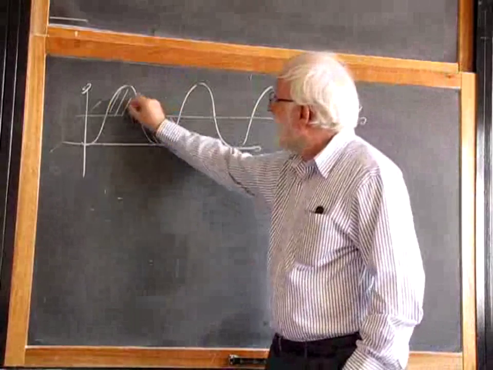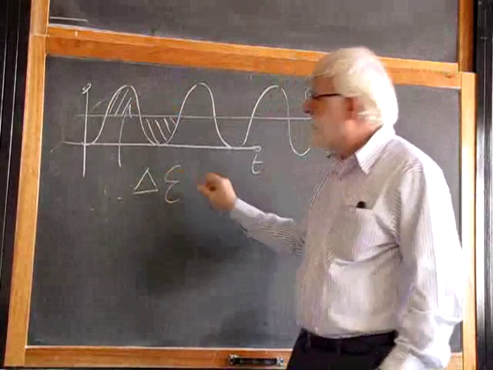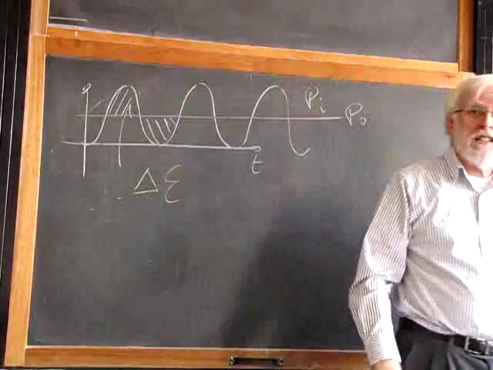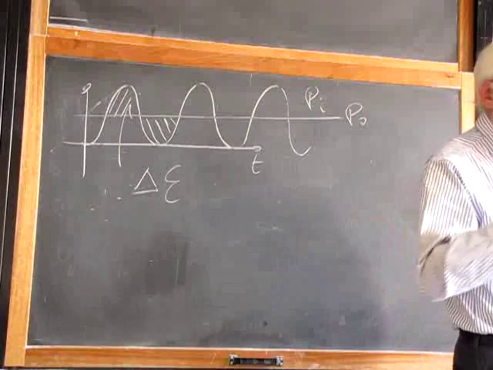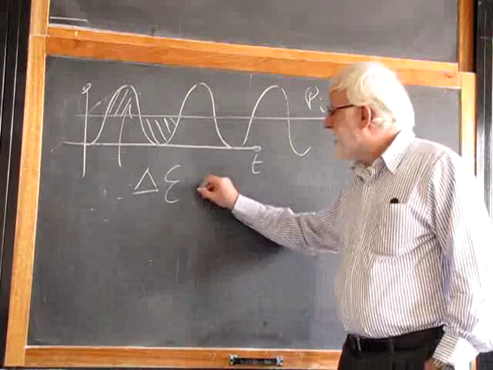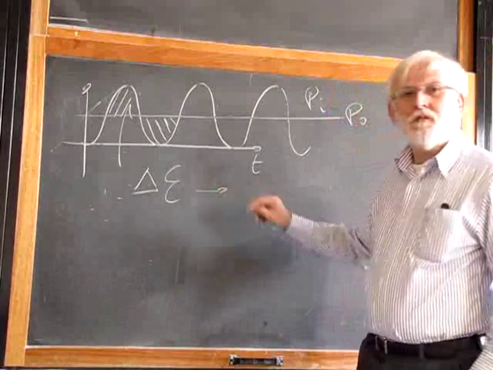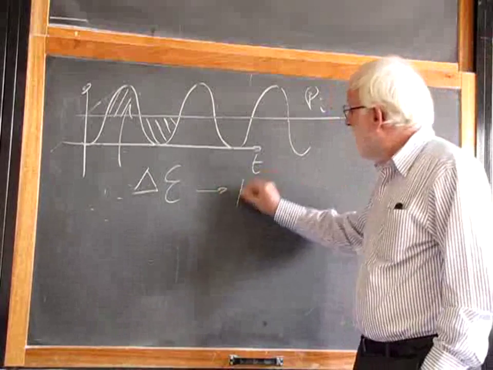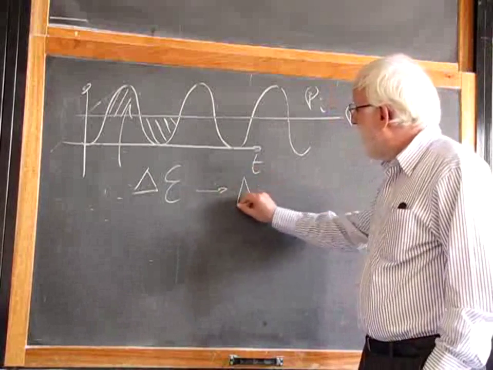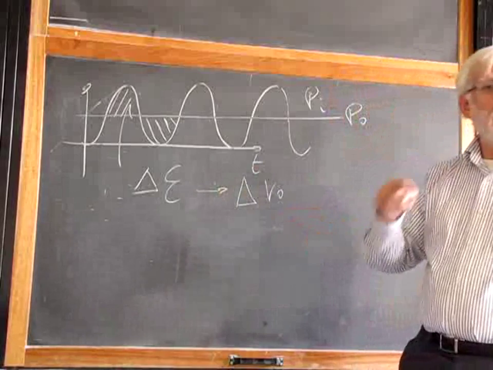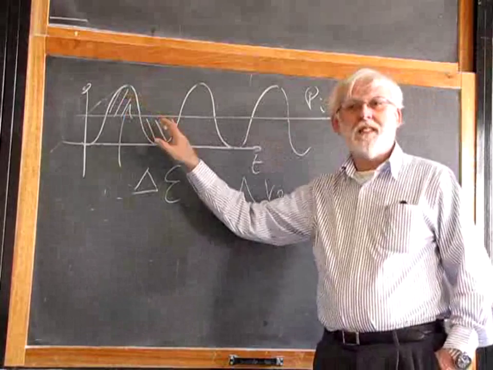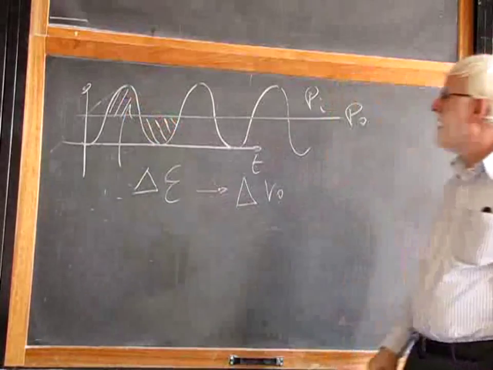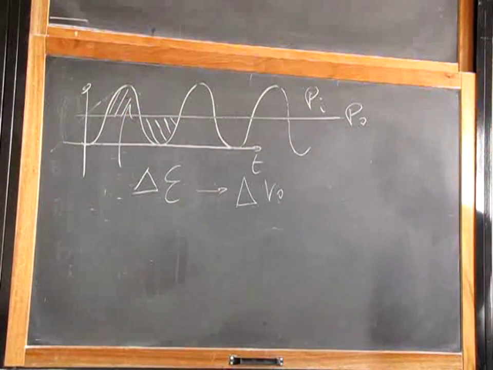And this is my delta E, the change of energy that goes into and comes out from my capacitor. And in order to get this delta E, I need to allow a delta V out on the output. Voltage ripple at 100 Hz is what makes it possible to store energy and to retrieve the energy from the capacitor.